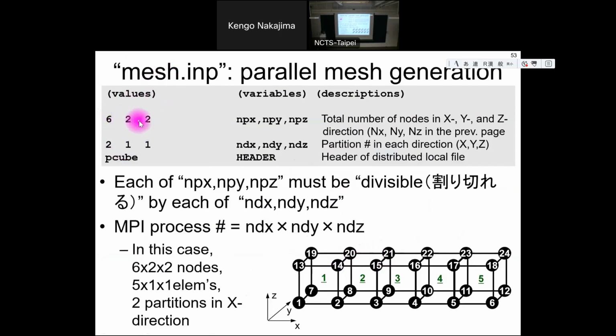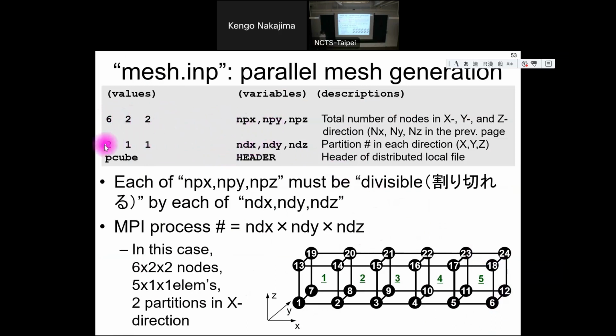The first line shows 3 integers, which means the number of nodes in each direction for the global mesh. In this case, we have 6 in x direction, 2 in y direction, and 2 in z direction. So 6 by 2 by 2, totally 24 grids are generated.